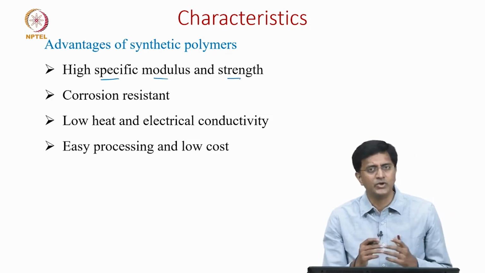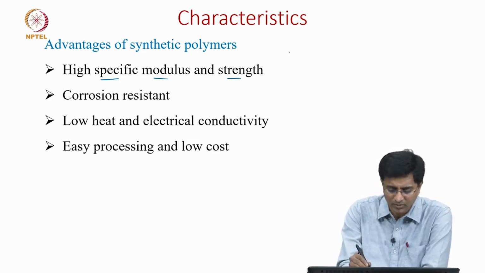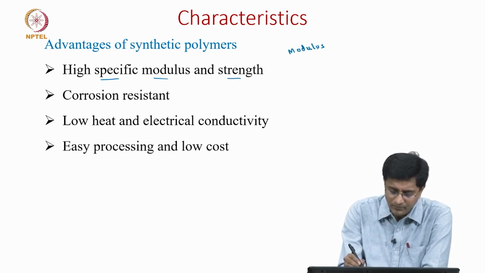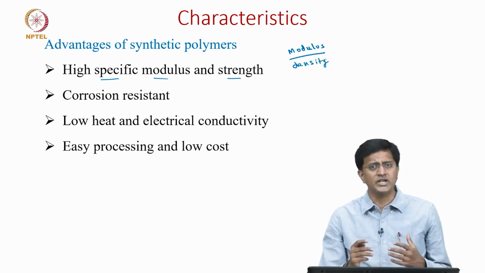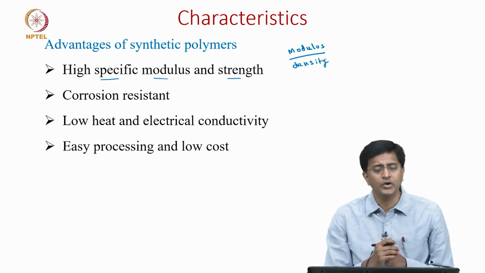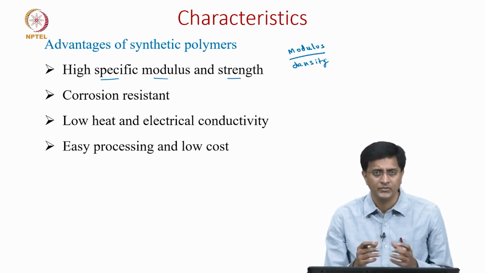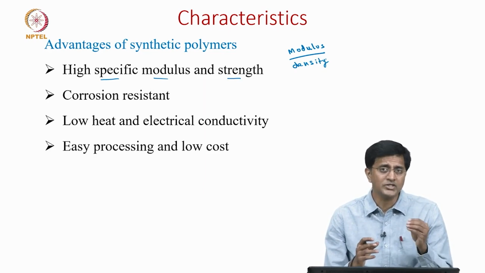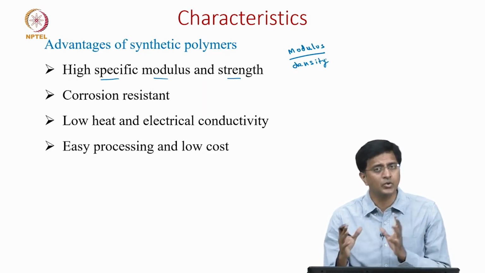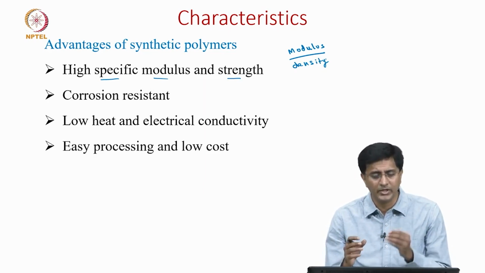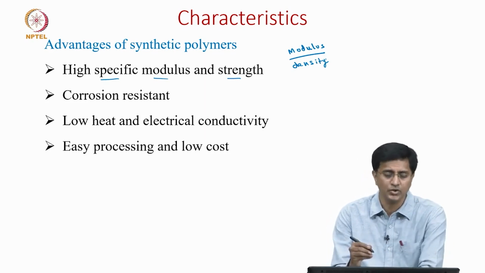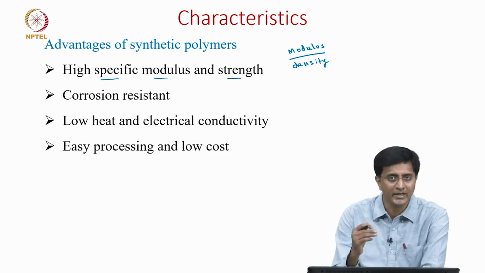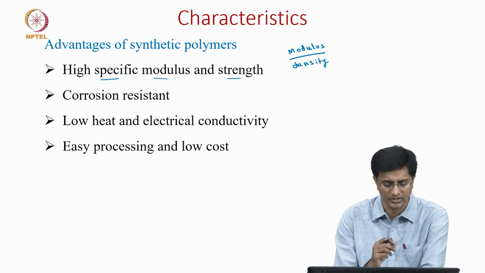So, what is specific modulus? Specific modulus is nothing but modulus by density. Polymers, as we know, are low density or light materials, and though the modulus might be low compared to other structural materials like metals, because of low density, this ratio is comparable or sometimes even better than the traditional structural materials.